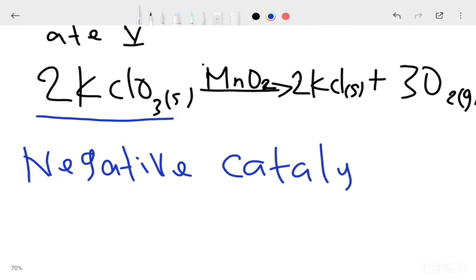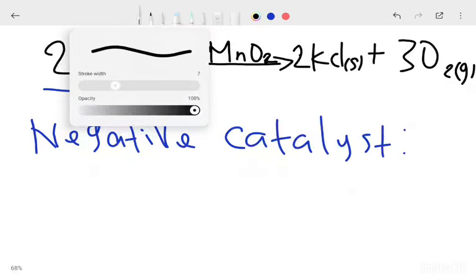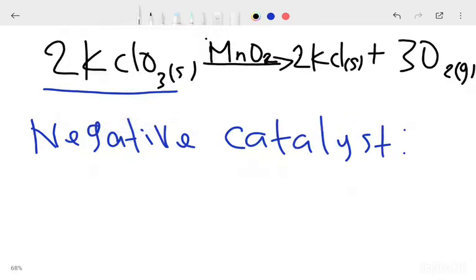So the aspect of negative catalyst is just the opposite. If a positive catalyst increases the rate of a chemical reaction, then what will be the aspect of negative catalyst? It will decrease the rate of a chemical reaction.